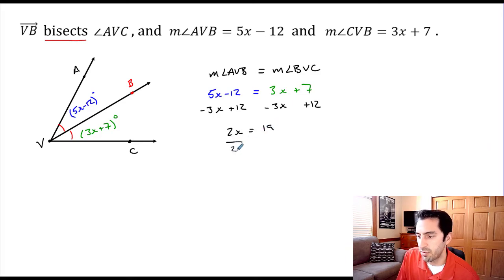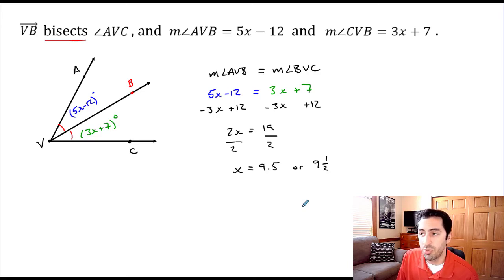And the last step, if I divide by 2, so 19 divided by 2, I am going to end up with a decimal, but that's totally fine. It's just going to be a half. So we end up with 9.5. I could write that as 9.5, or I could write that as 9 and 1/2, or I could just leave it as 19 over 2. That would be okay.